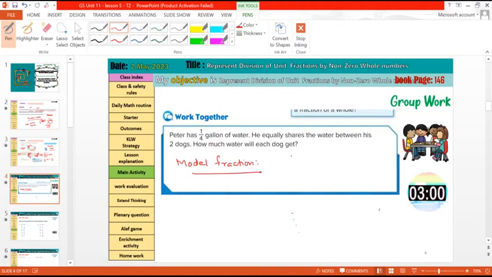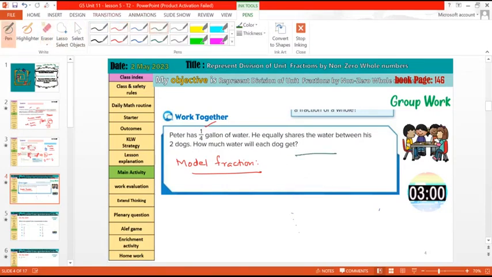1/4 means you take one whole and cut this one whole into 4 equal parts. Then you will get 1/4 like this. Let me make it equal.